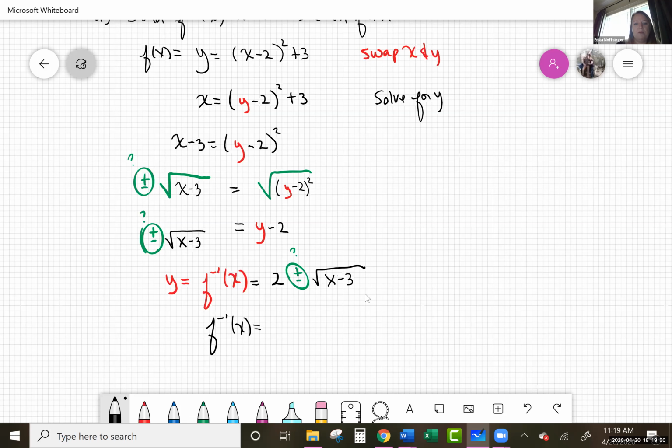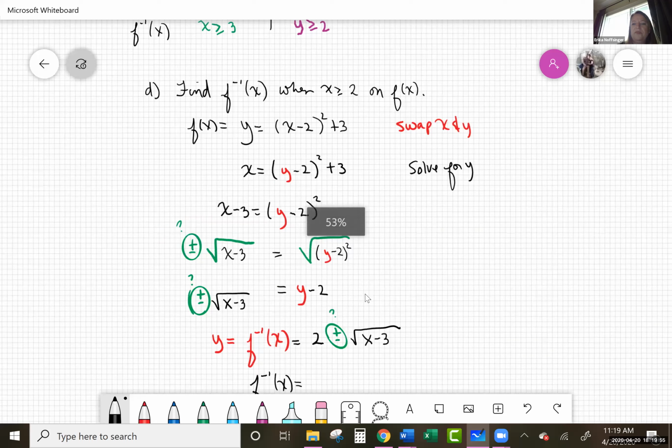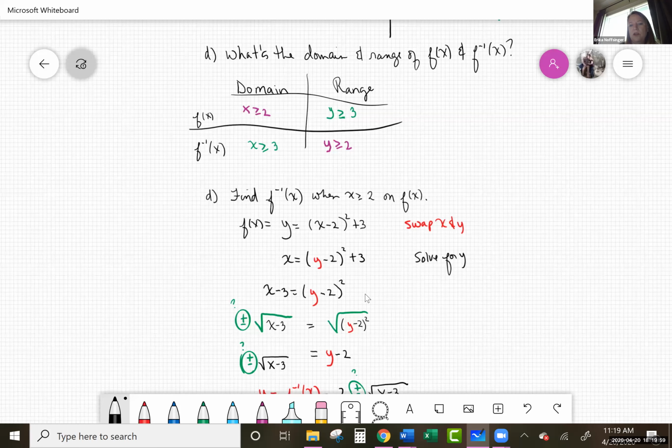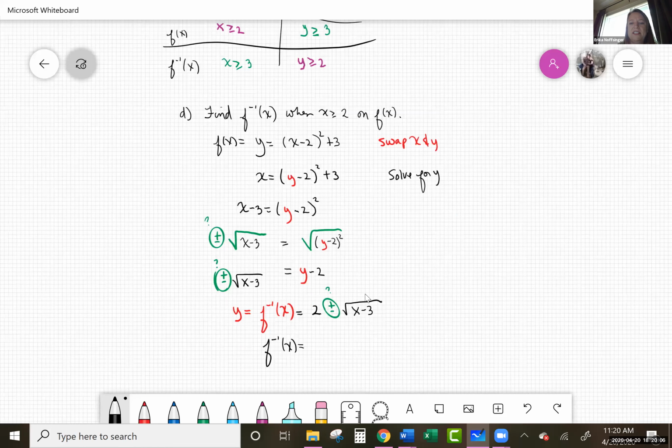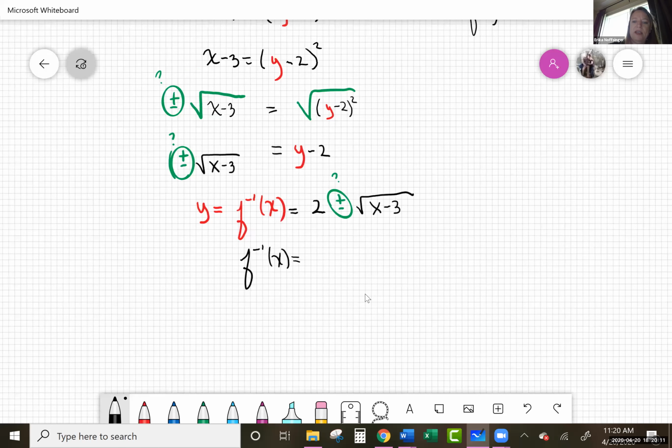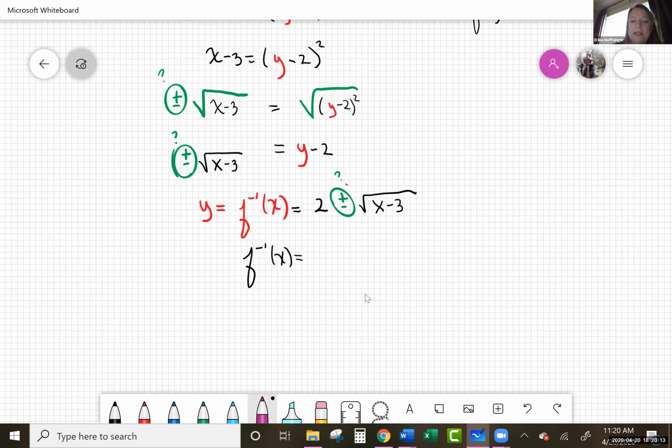And that's going to give me a number that is not in my domain or range of the other one. And so notice our values always have to be positive. y is always going to be bigger than or equal to 2 for my inverse function. I found that before. And so I have to use the plus in our case because of the side we chose our domain to be on. If I had chosen x to be less than or equal to 2, then in my case I would have used the minus for the inverse.